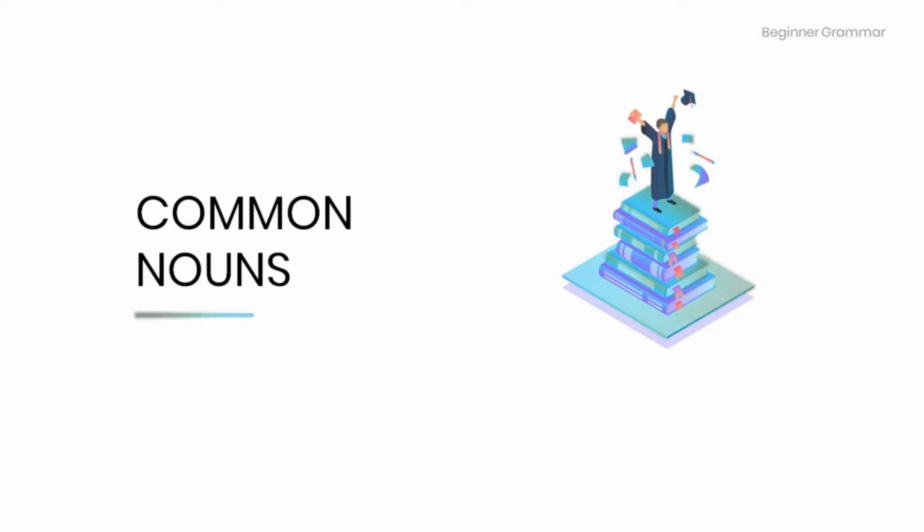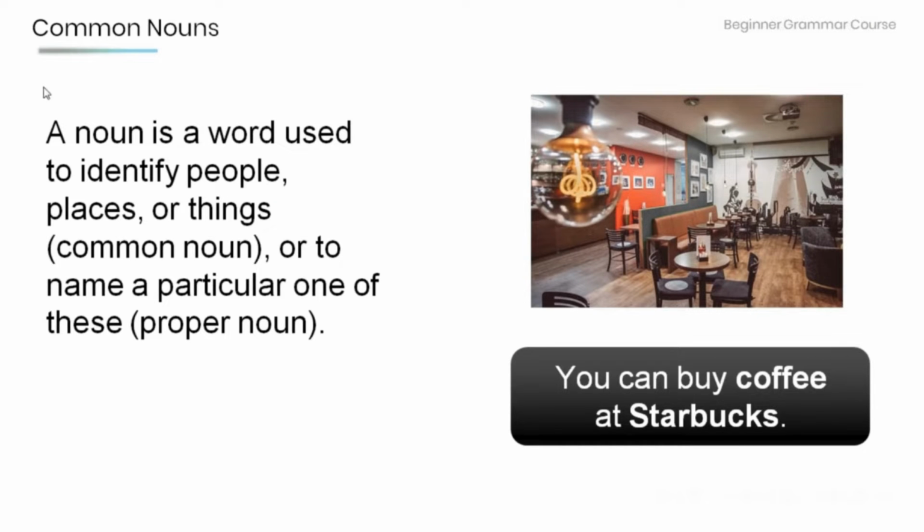Let's get started. Okay, so a noun is a word used to identify people, places, or things. These nouns are called common nouns. Or a noun is a word used to name a particular one of these, and that is called a proper noun.